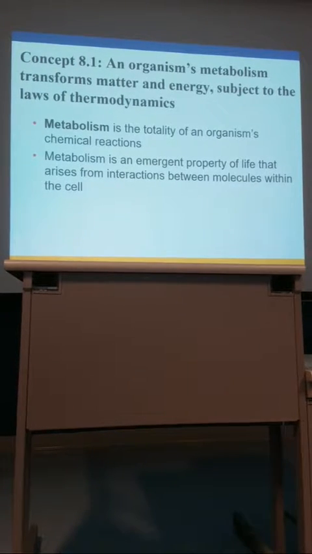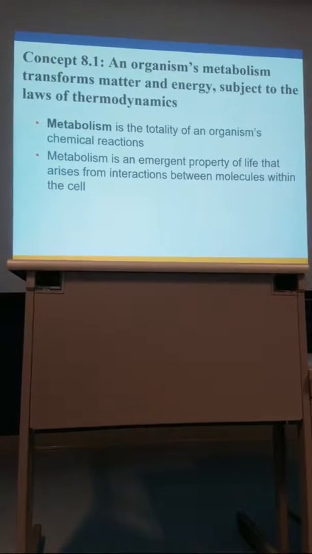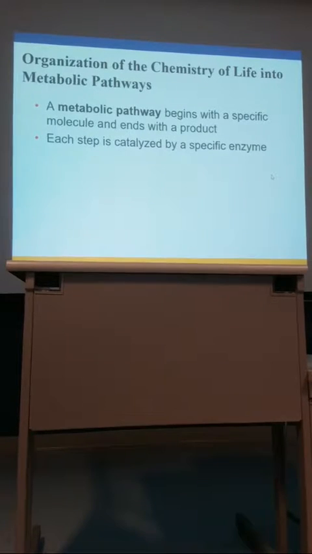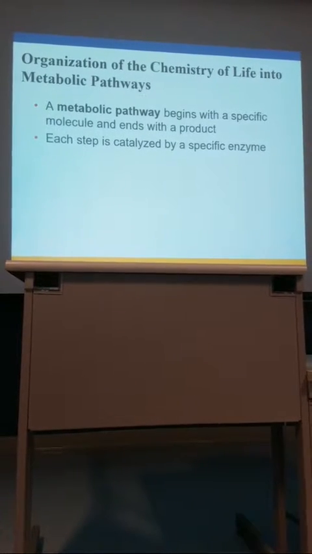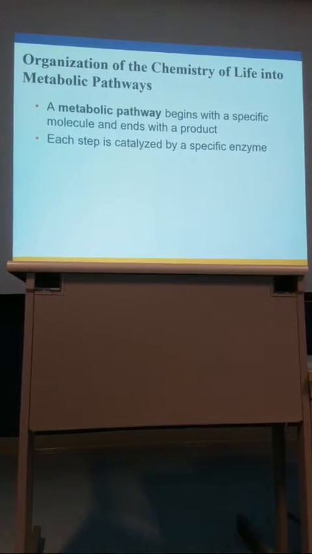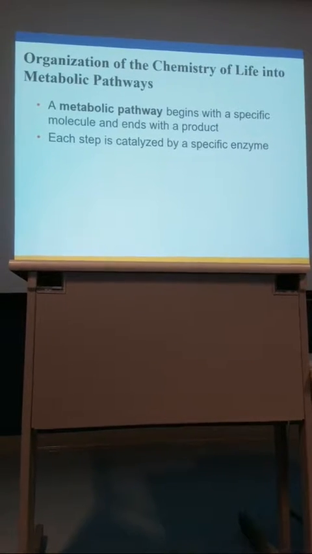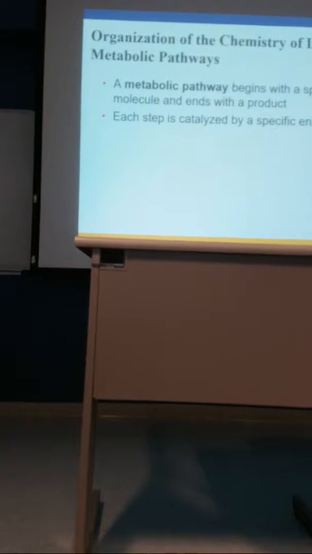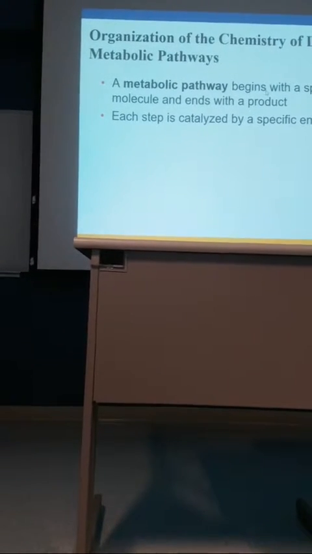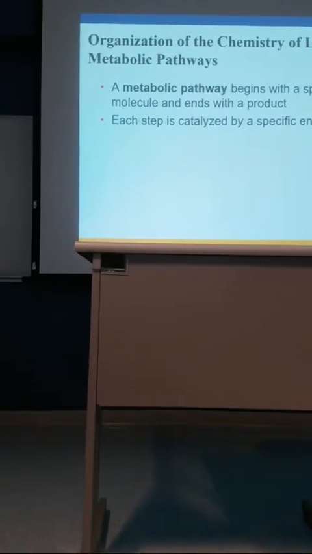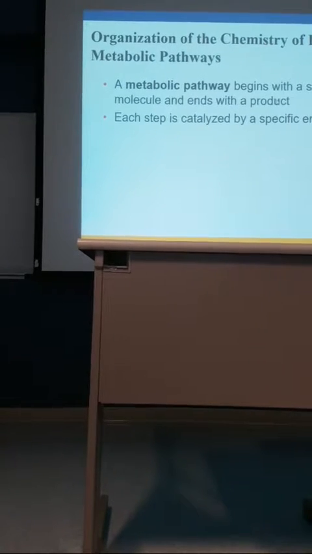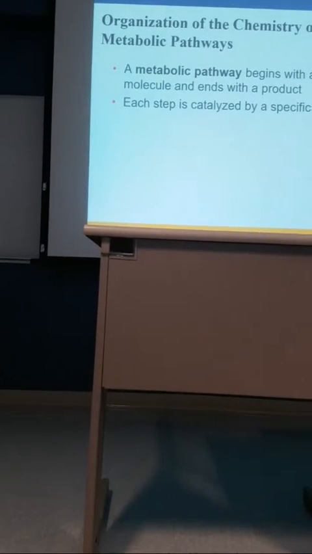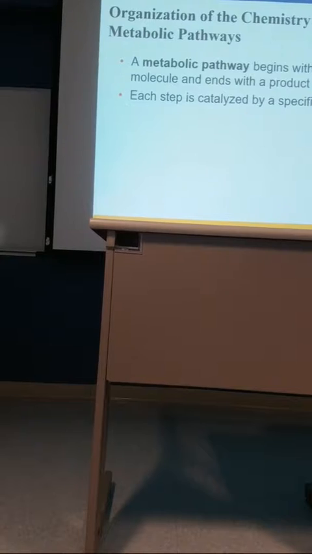Remember, metabolism is the sum of all of the organism's reactions. A metabolic pathway is taking something like glucose, breaking it down, metabolizing it. It has a specific pathway that we looked at. Also remember, anytime anything is catalyzed, enzymes are required to do that.